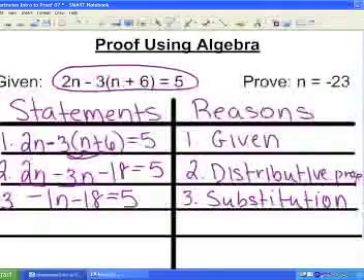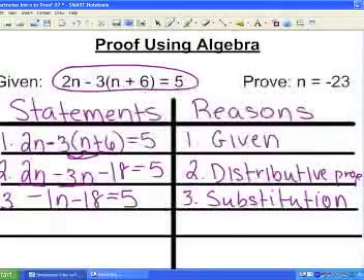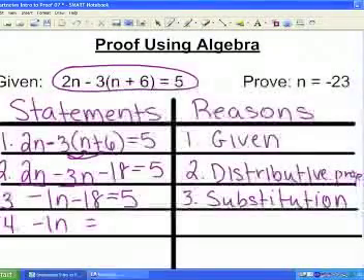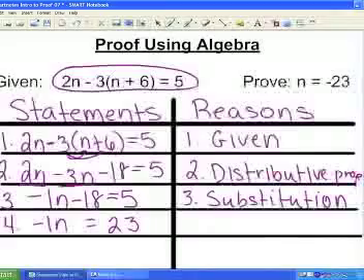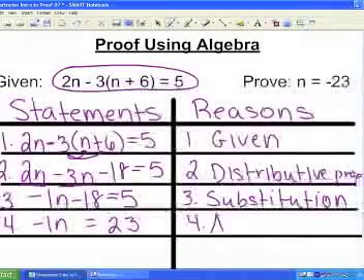Please write it out. Now, continuing on, to get the variable by itself, we would add 18 to both sides, in which case we're left with -1n is equal to 23. Since we added 18 to both sides, the addition property.